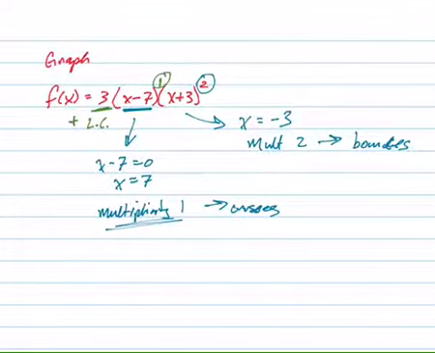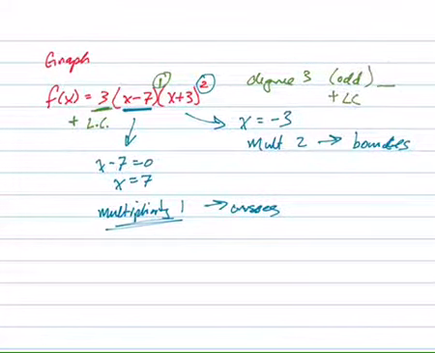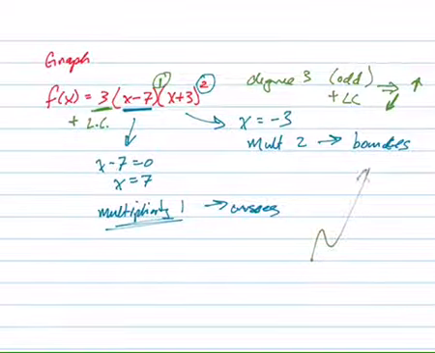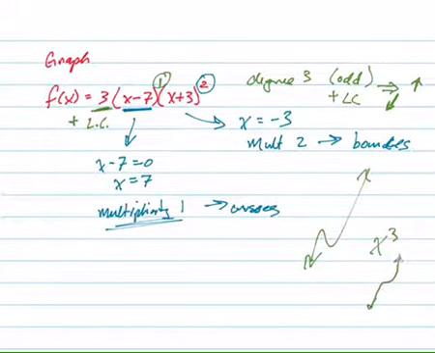The total degree is 3, which is odd, and it's a positive leading coefficient, and these two things together mean that it goes down on the left and it goes up on the right. That's the end behavior. And so the graph will look something like x cubed, basically. It looks like that, if you're looking at it just from the end behavior.